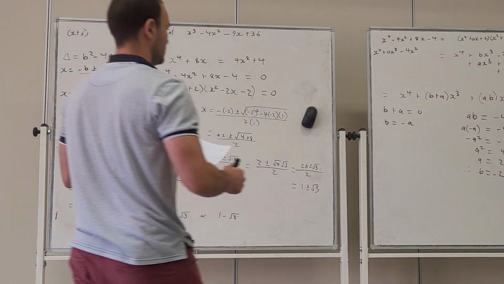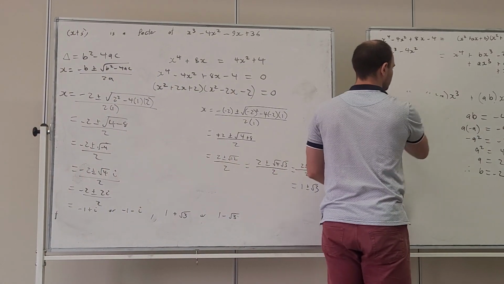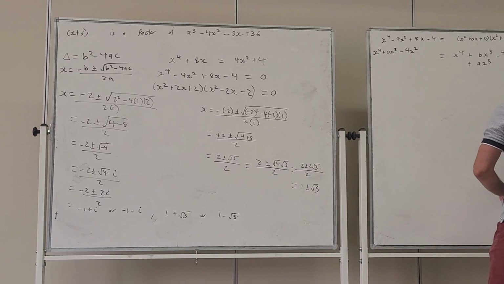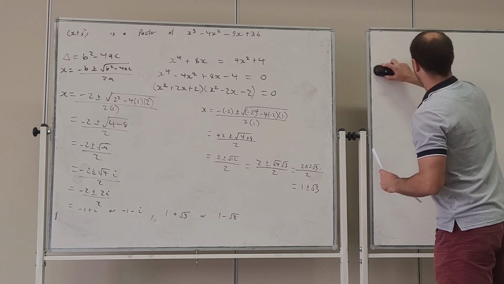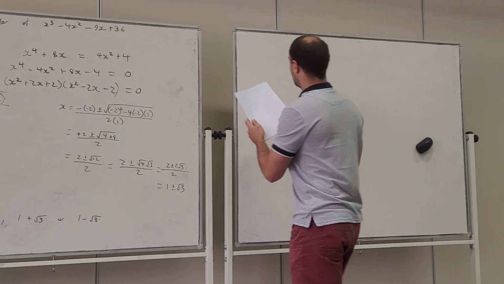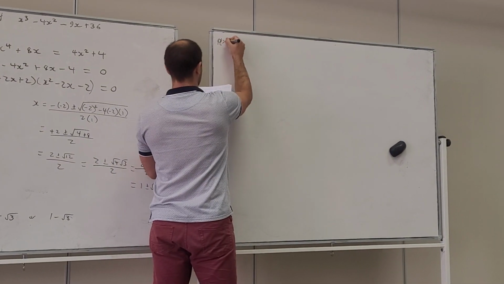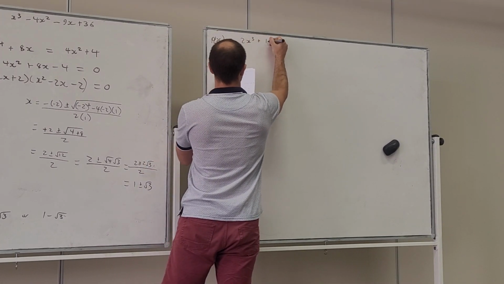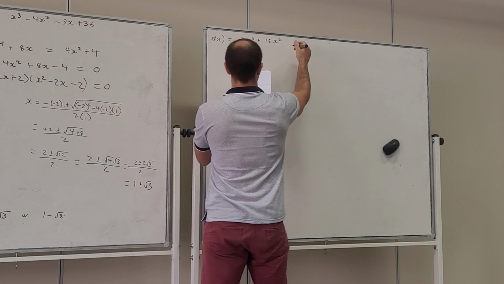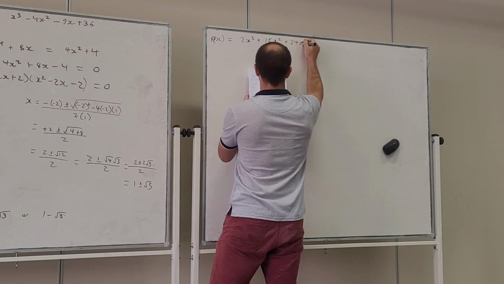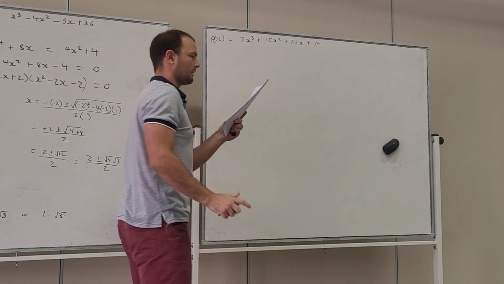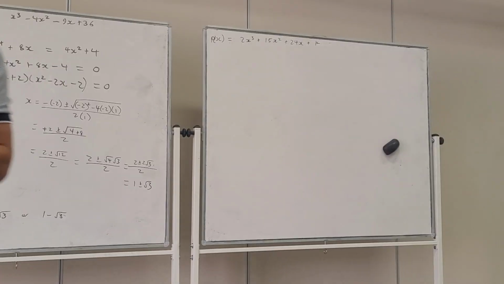is a little bit trickier. Okay, we have a cubic polynomial. Three linear factors.